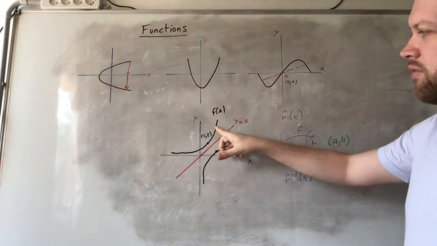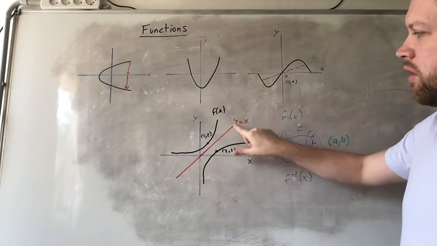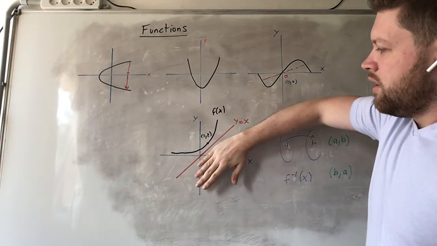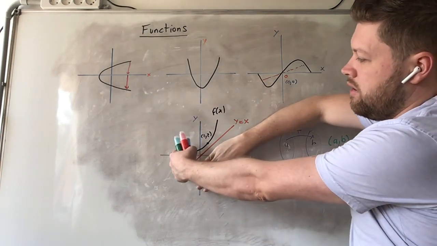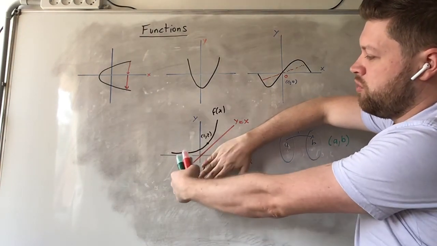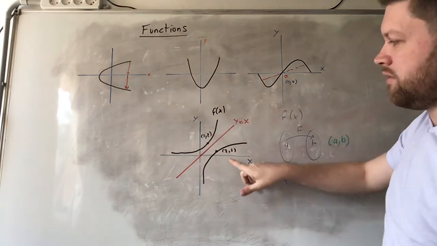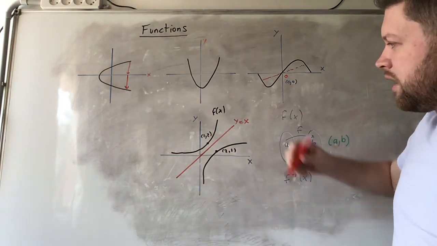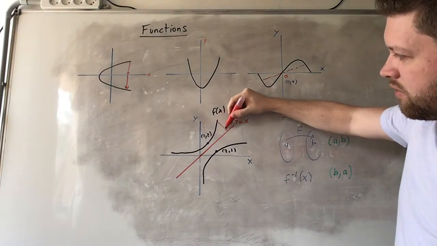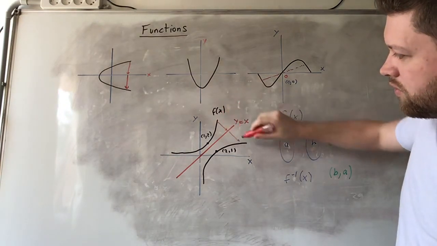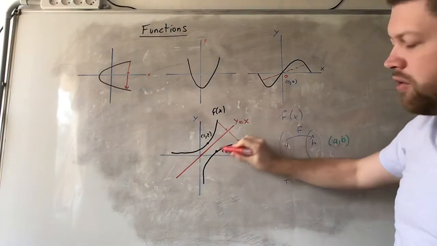Here's my graph f of x. Here's my line y equals x. If I find the image of this function through the line y equals x, I get this. So you would get this by taking any point on the function, moving it to the line of symmetry and moving it the same distance across and building up that mirror image.